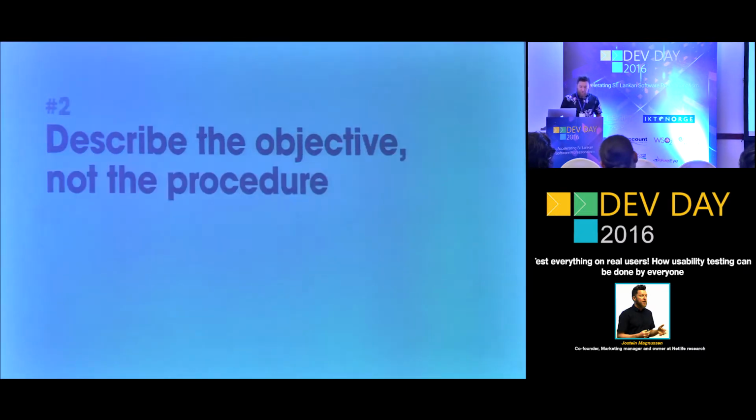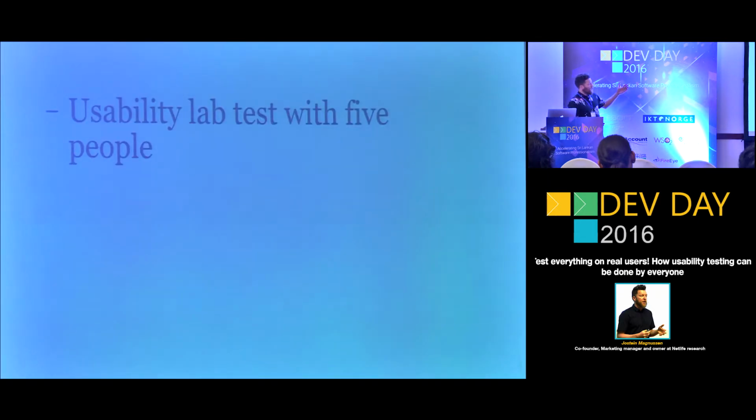And another thing you could do if you need to sell this to your supervisors or to the client you're working for is to describe the objective and not the procedure. By that I mean that if you put in a proposal, usability lab test with 5 people, nobody understands what it is, and nobody understands why they should pay for it.